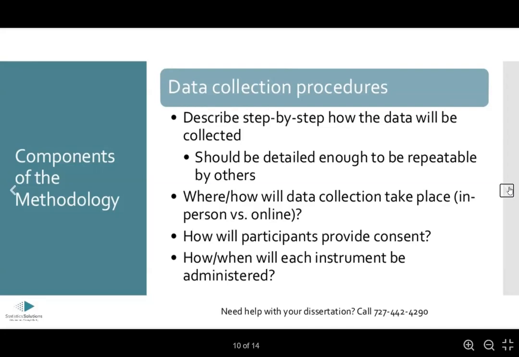So for example, the CDC has a lot of large data sets, and in order to access them, sometimes you need to write a 1 to 3 page justification for why you need the data, and you'll need to submit that and wait a certain period for approval. So if you are doing a study that requires that type of process, instead of identifying where and when data was collected and things like that, you'll identify the process that you went through to get permission or access to your data.